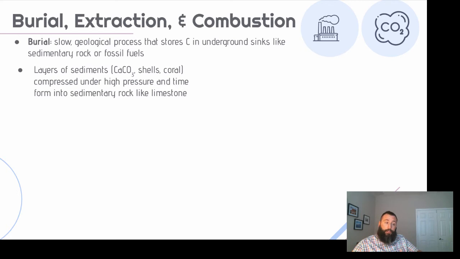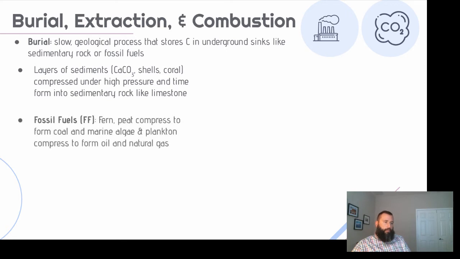They're compressed under high pressure and after a long time form into sedimentary rock like limestone. Fossil fuels can be formed after burial too. Plants, fern, and peat compress to form coal, and marine algae and plankton compress to form oil and natural gas.